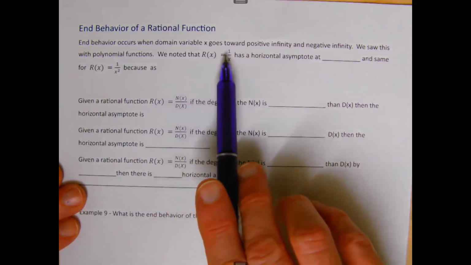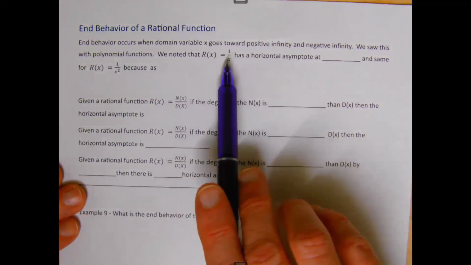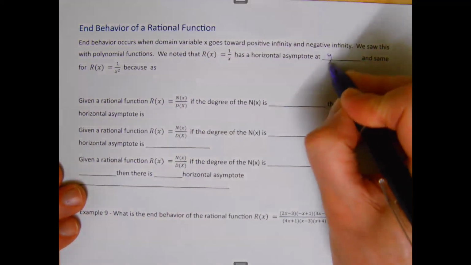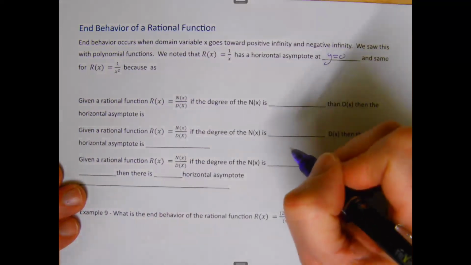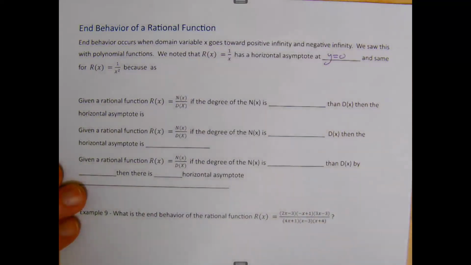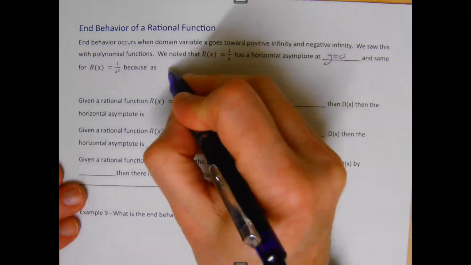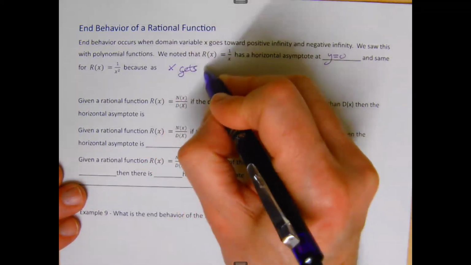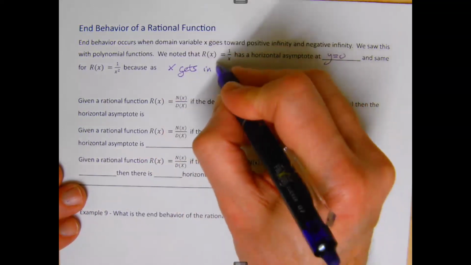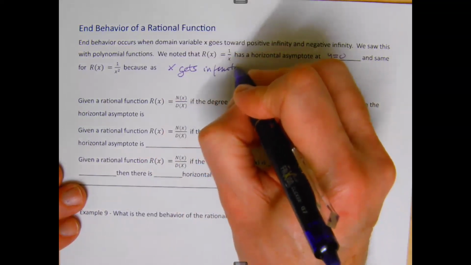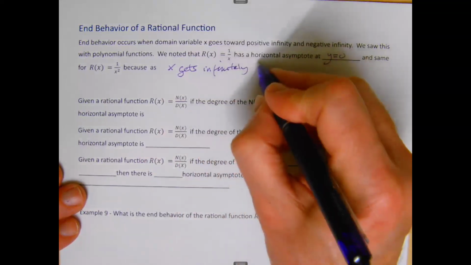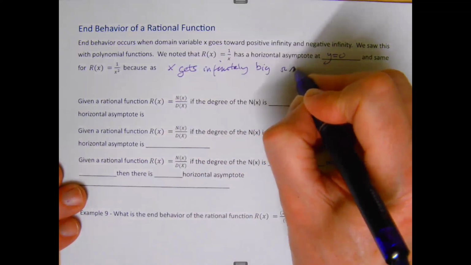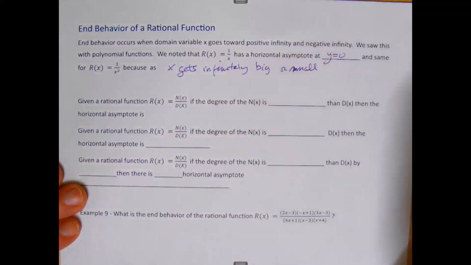We know that R(x) equals 1 over x has a horizontal asymptote at y equals 0, and the same for R(x) equals 1 over x squared, because as x gets infinitely big, or small, meaning positive infinity or negative infinity.